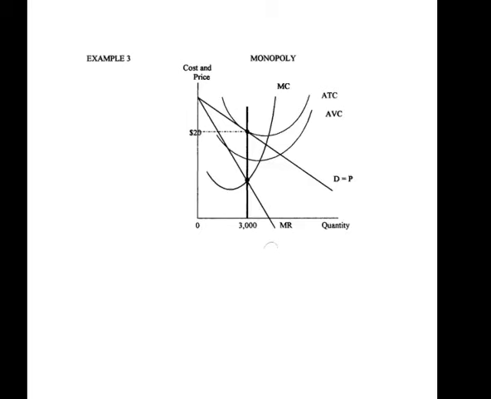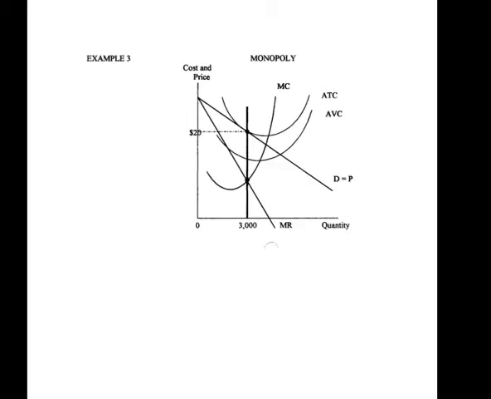Well, in this case, the average total cost curve also happens to intersect for 3,000 units at $20. So this axis, which measures both cost and price, well, in this case, $20 happens to be ATC, so you could write ATC equals 20 equals price equals 20, and those would be true statements.